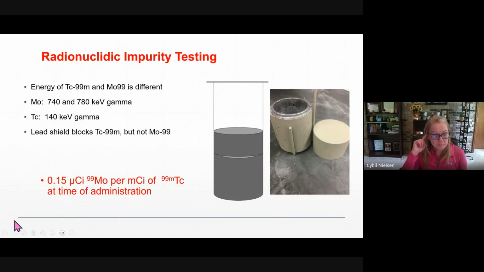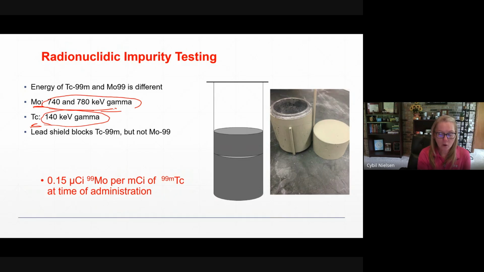So how do we do this? We're going to take advantage of molybdenum having a high energy gamma and technetium having a low energy gamma. And we know with shielding, you need more shielding to stop high energy than low energy. So we're going to take this whole thing, put it inside of our shield, put the lid on the shield, and put that whole thing in the dose calibrator.